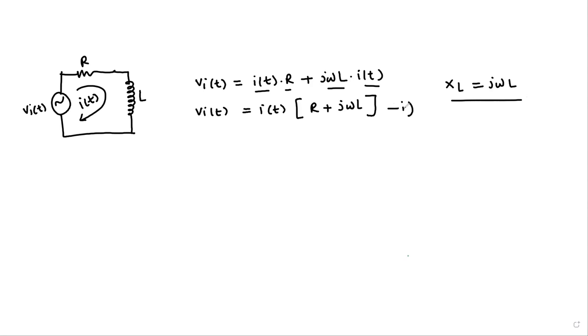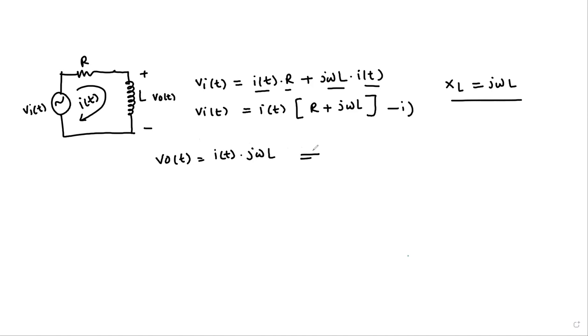So let's call this equation number 1, and we develop the voltage across the inductor, let's say VO of t. So VO of t would be indicated by the current flowing through the inductor multiplied by the impedance that it offers.